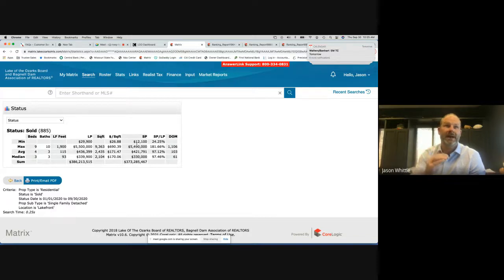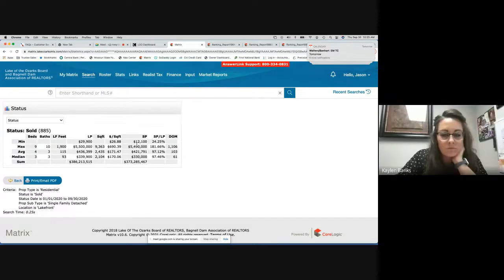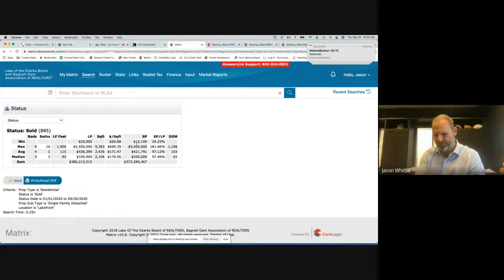If you're comparing last year to this year, you would divide 152 by 421. Does that make sense? 152 divided by 421 is 36%. That's a 36% increase. So if somebody says they doubled in the last year, you can say, well, that's not actually true. The reality is that lakefront homes have increased by 36% on average price.